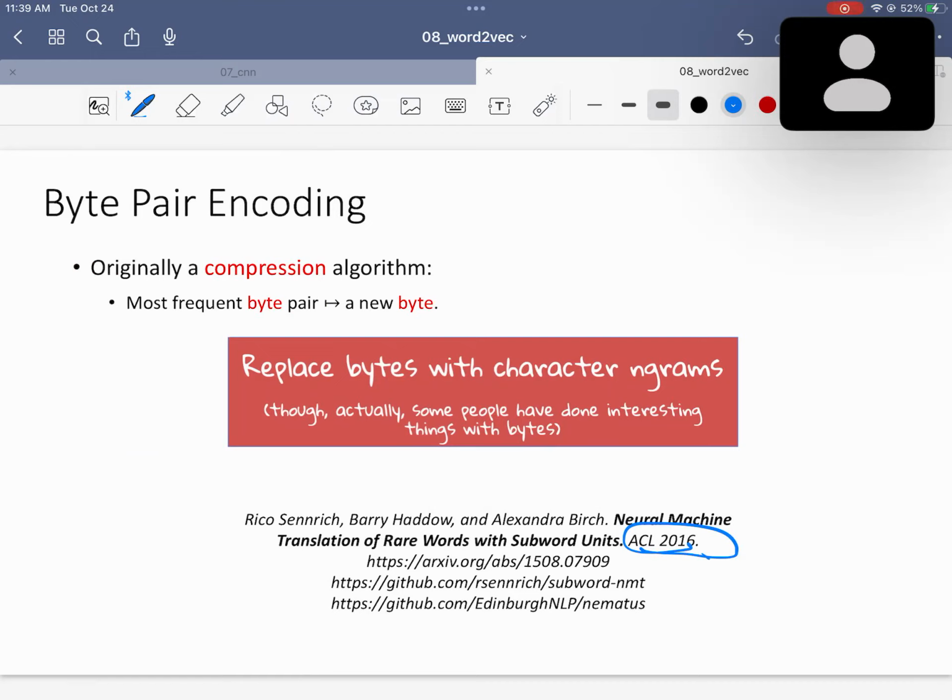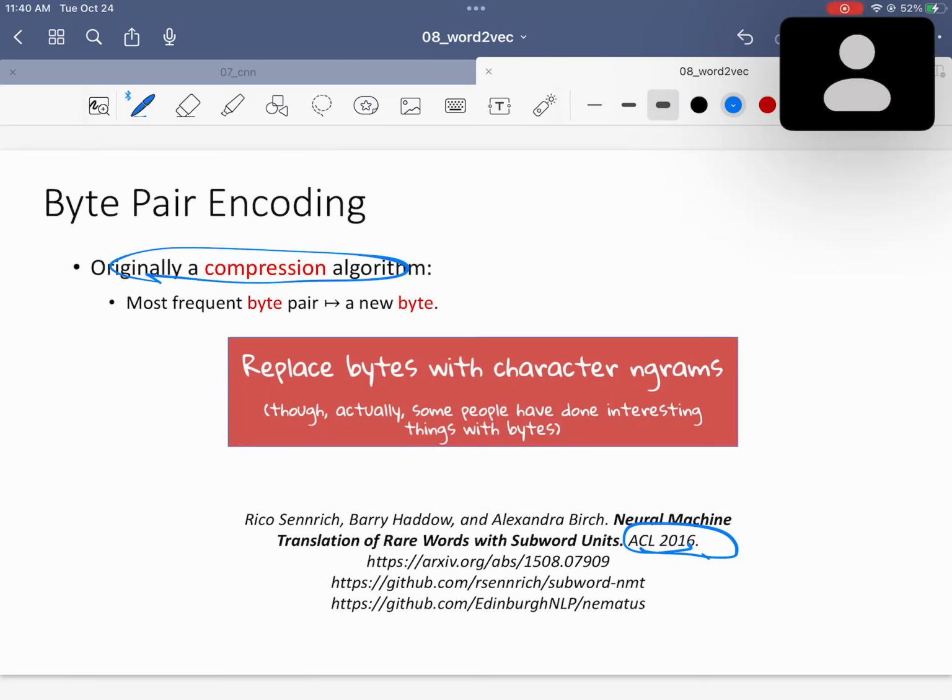Byte pair encoding actually comes from a compression algorithm. When you do signal processing, you send a signal from one place to another, and you want to compress the signal so that you don't consume too much bandwidth. But you can directly apply it to language, because language is also a signal, based on discrete tokens, right?